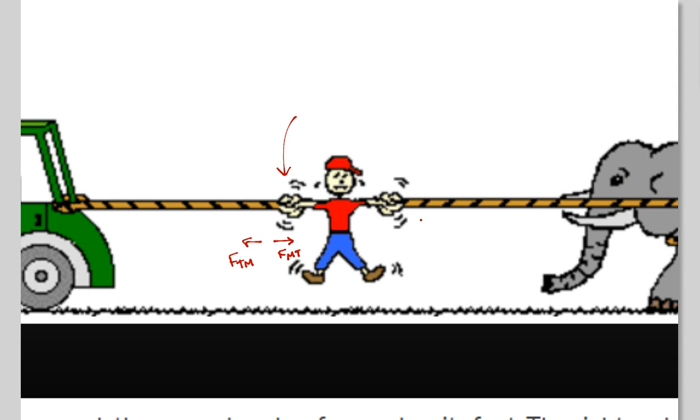What about on this side? Yeah, force of the elephant. Oh my gosh. Force of the elephant on the man, and this force would be the force of the man on the elephant. You guys feel okay about that?